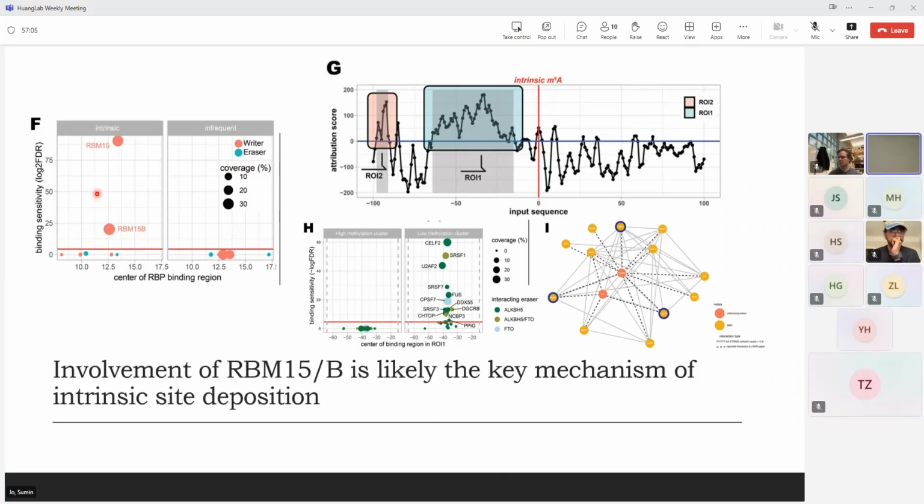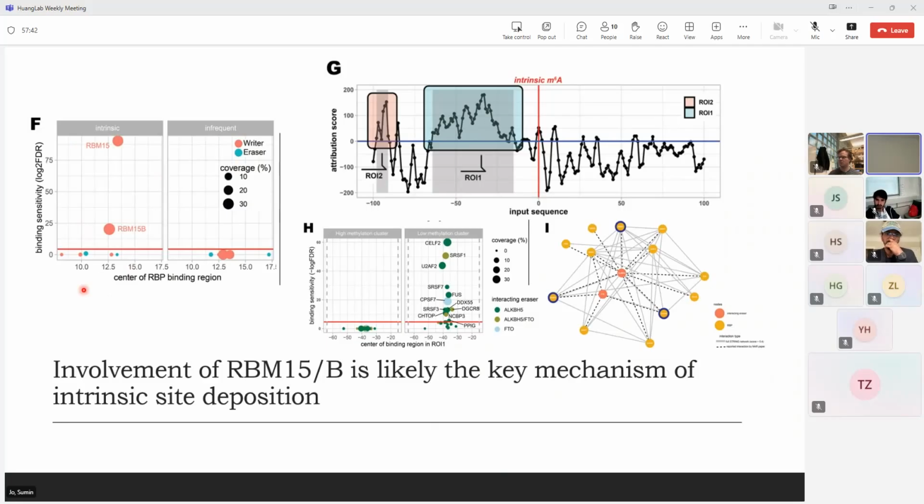I retrieved the entire CLIP-seq data from POSTAR3, the dataset that reports the binding regions of multiple RNA binding proteins, and we have multiple writer and eraser protein binding data in POSTAR3. Then I examined the binding sensitivity in between 25 base pair on both sides, I believe.